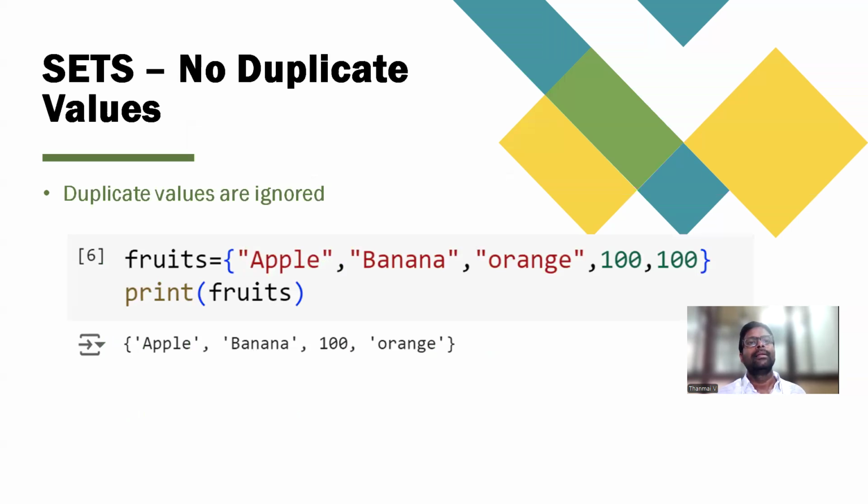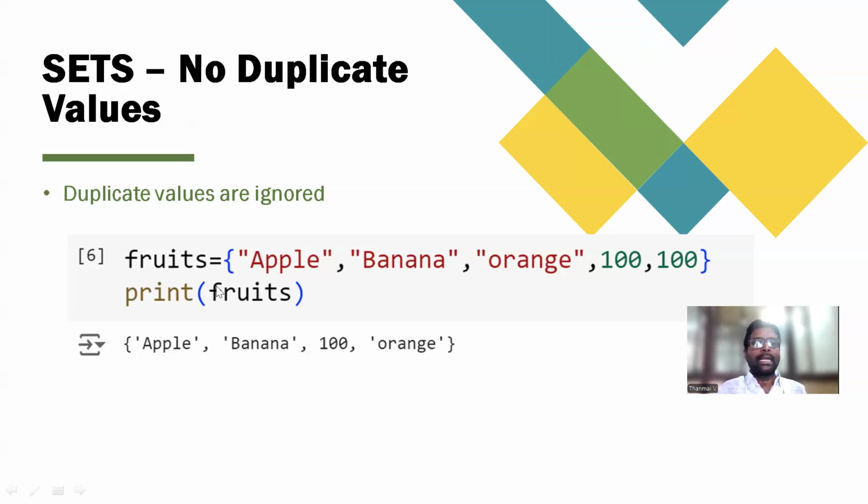Next. As I said earlier, no duplicate values will be accepted in a set. You can't keep duplicate values in a set. Here I am initializing a set with the name fruits, with the elements apple, banana, orange, 100 and 100. You can see I have duplicate values, 100 and 100.